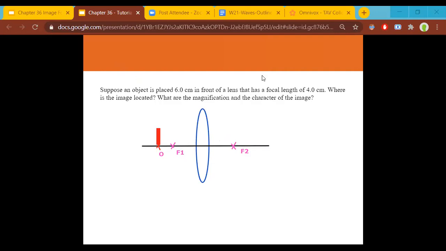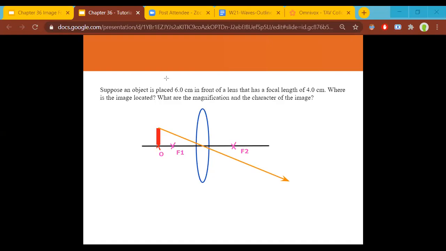So let's do a ray diagram. We need one ray that goes through the lens. Let me show you this pink. One ray goes right through the center of the lens, straight through.